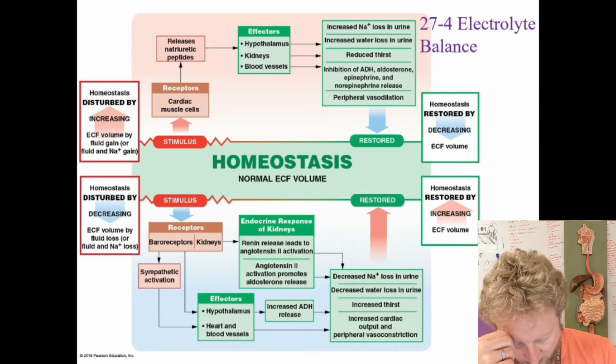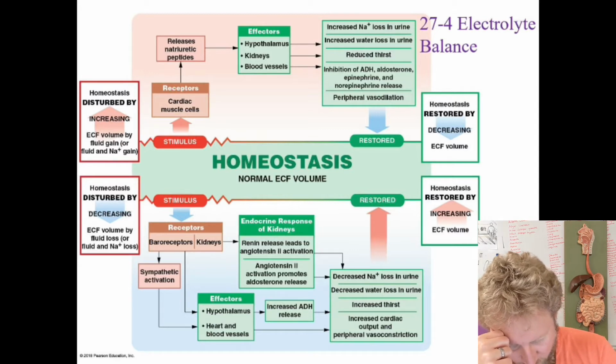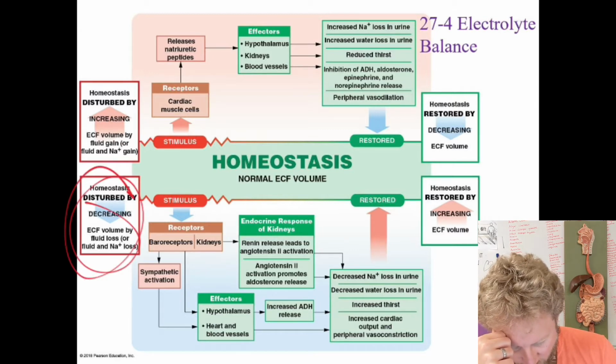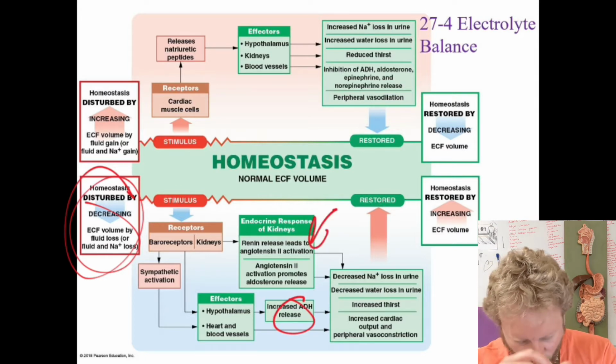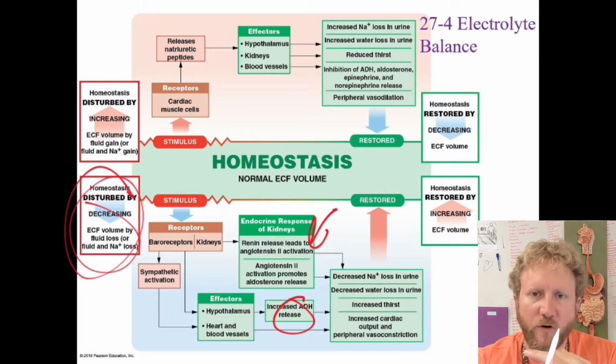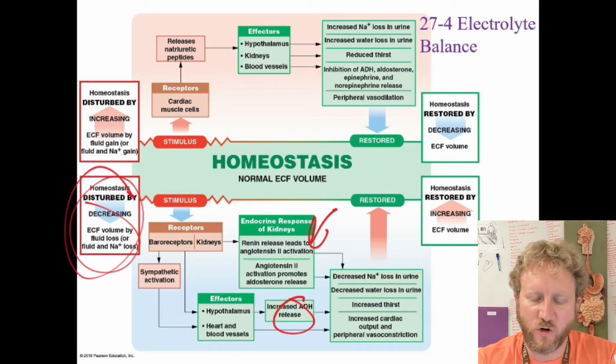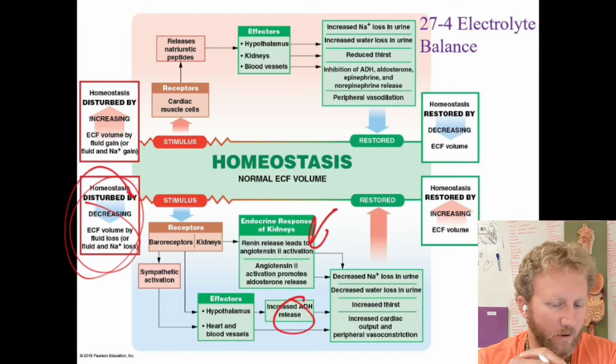For example, if your blood volume starts to drop, like right here, that's going to trigger ADH and the renin-angiotensin-aldosterone feedback, to try to limit water loss and bring that water volume back up.